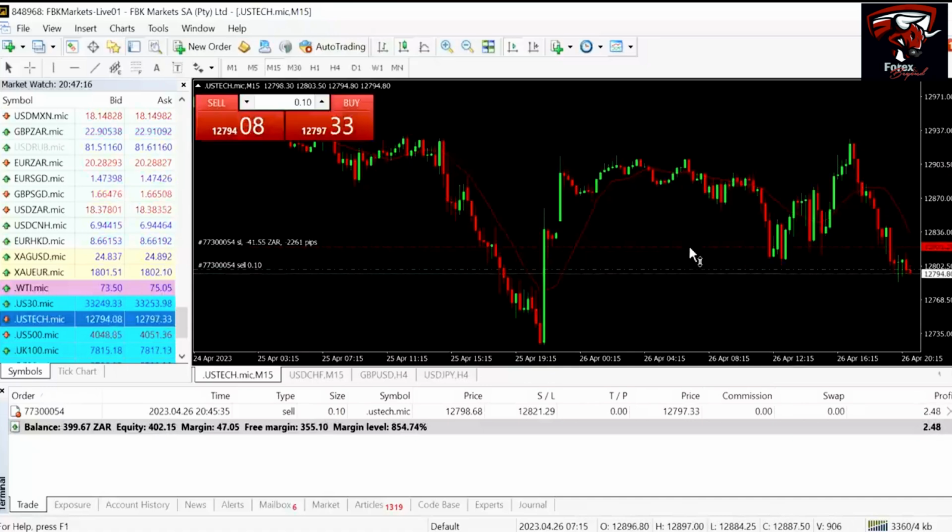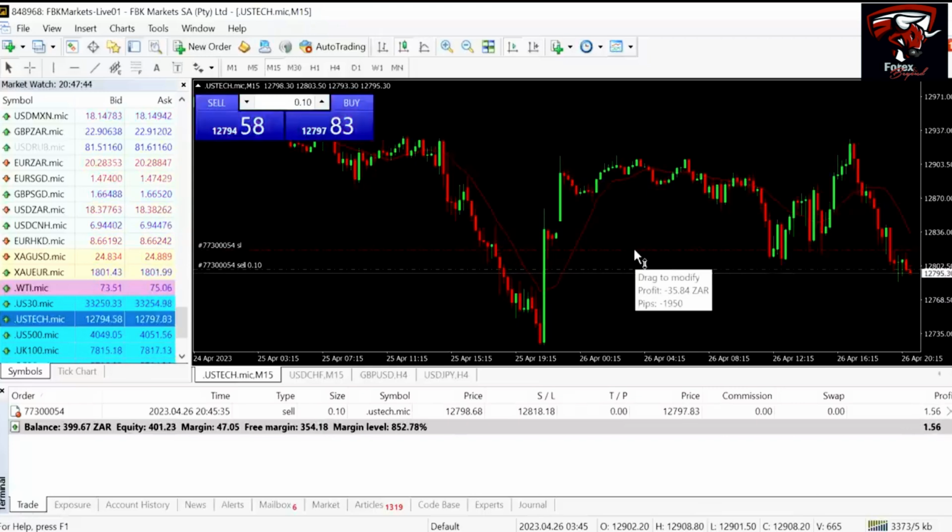So for example, I've set my stop loss at about 1,950 pips, but it's not really pips, it has to be points or something like that.